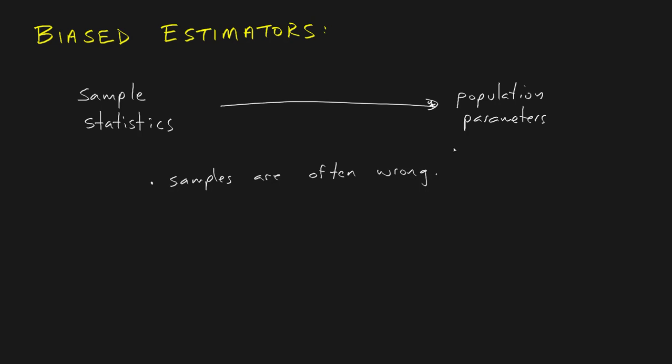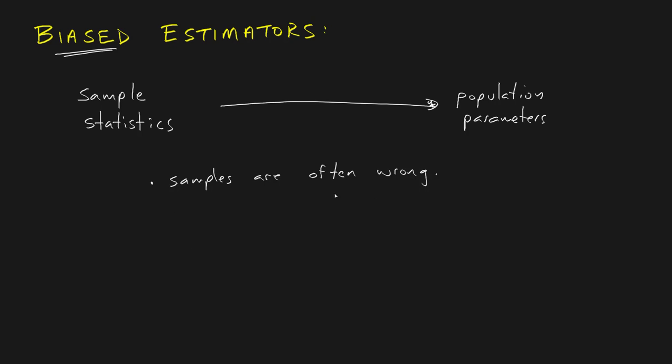But one thing that we can't deal with is when there is bias in our estimators, when our samples are biased, when they are consistently working to overestimate, or consistently working to underestimate the unknown population parameters. So what we want to see is this.